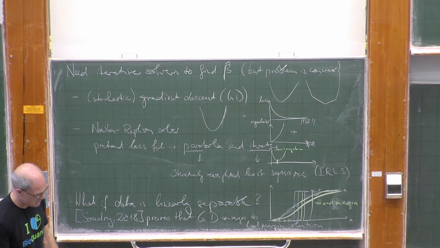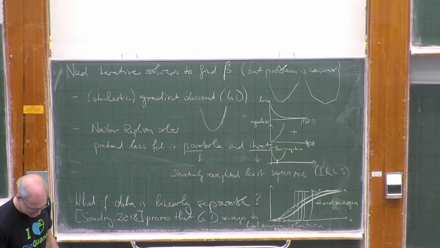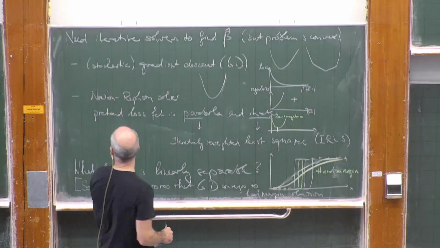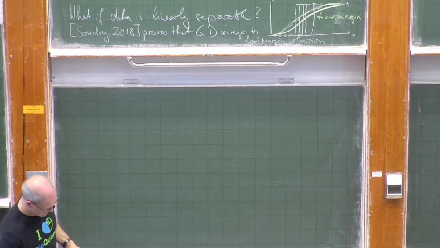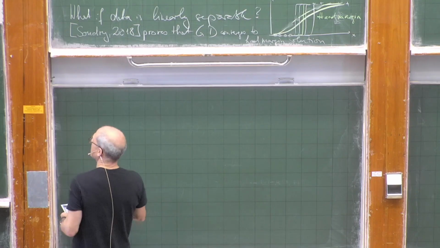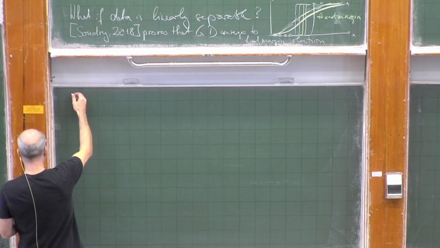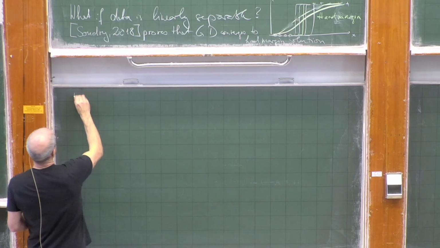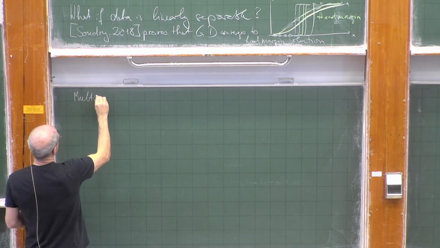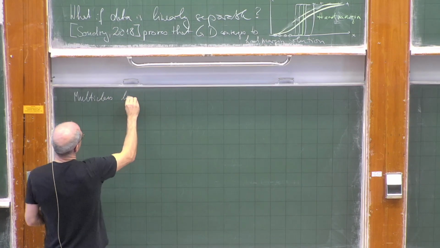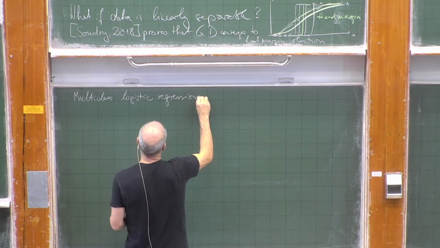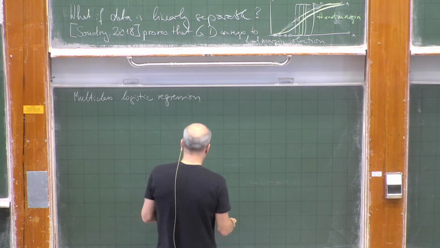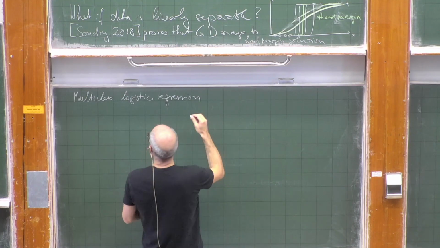All right. So now comes the extension to multiple classes. And this has many names. It is known, for example, as multi-class logistic regression, or it is known as multinomial logistic regression.